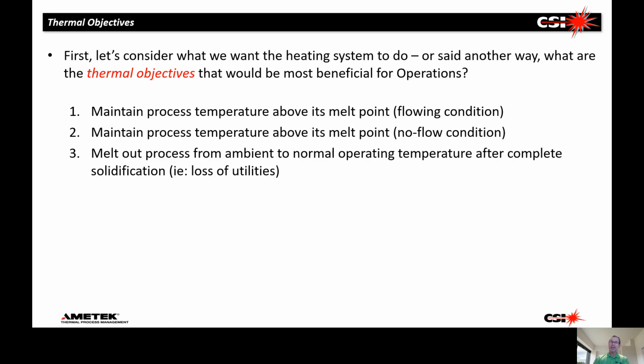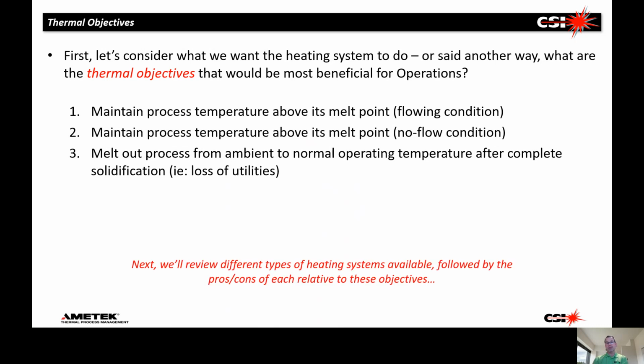Also, if there is an upset and that process line goes to ambient, it would be really good if that heating system could take it from ambient to its flowing condition on its own without the need or the input from any other parts of the plant or any other outside.